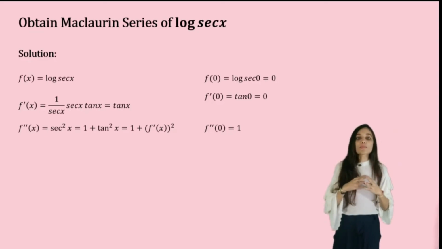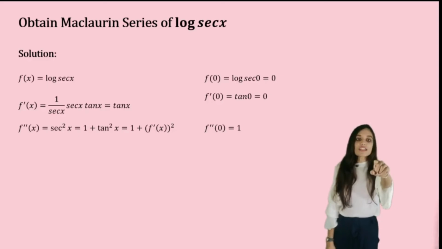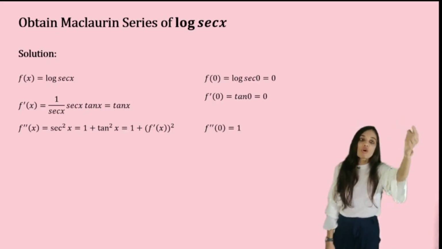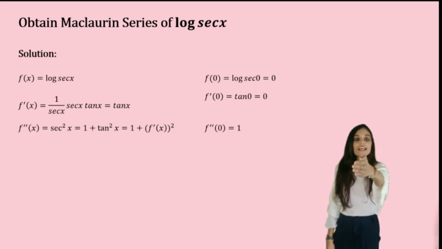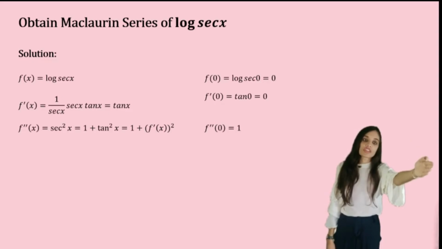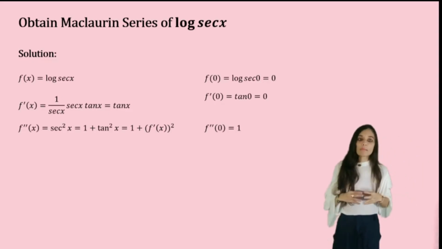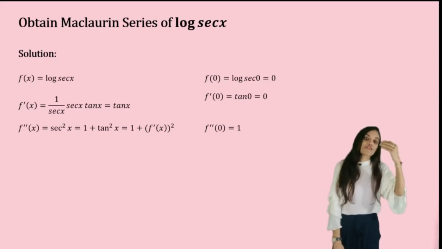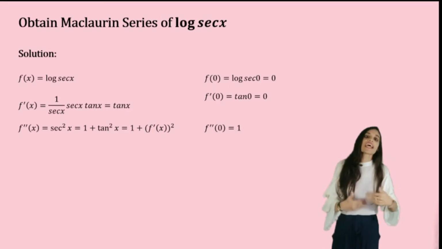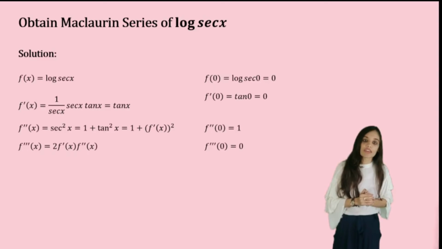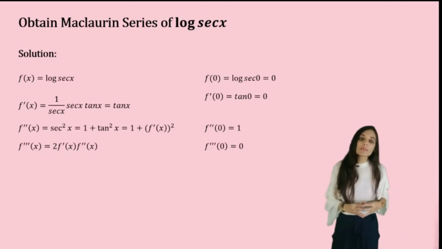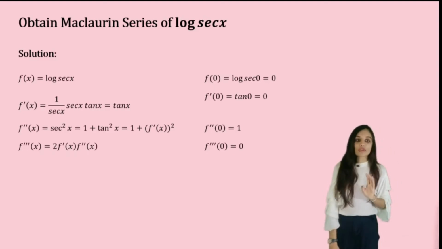And here, by putting x is equal to 0, we will get f double dash of 0 is equal to 1 plus f dash of 0 whole square. But our f dash of 0 is 0. So finally our f double dash of 0 is equal to 1. So remember, we will replace f of x, f dash of x in our derivatives simultaneously. Now let us find our third derivative. The derivative of 1 will be 0.